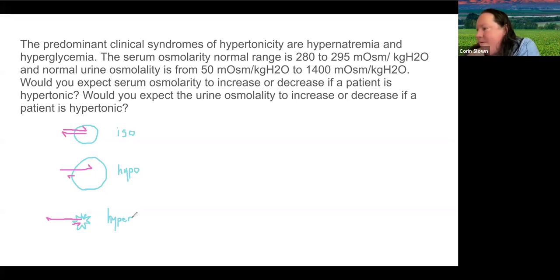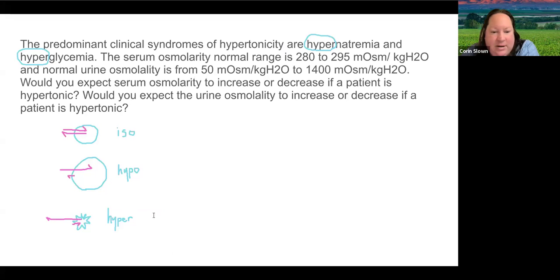So water moving in and out of the cell at an equal rate, water entering the cell at a greater rate, water going out of the cell at a greater rate. So the question is asking about hypertonic, because both of these have the word hyper associated with them. So this is the example then that we're thinking about. So let's think about this. A hypertonic solution is one that has a higher solute concentration.